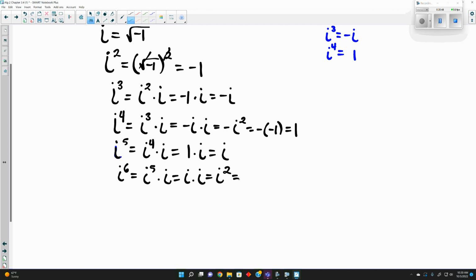And i squared is what? What is going to be i to the seventh? i to the 6th is negative 1. Yes, i to the sixth is?